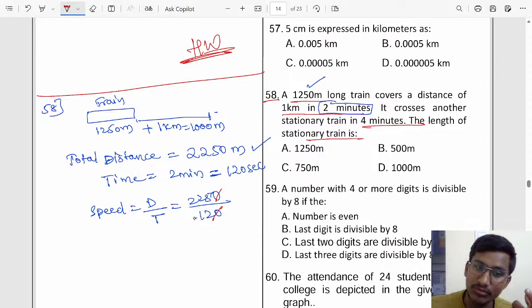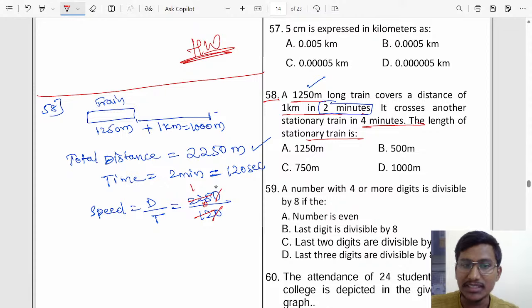So 225 divided by 12. 12 ones are 12, 10 remaining, then 105. 12 eights are 96, so remaining will be 9. 9 becomes 90, and 18 point will come.